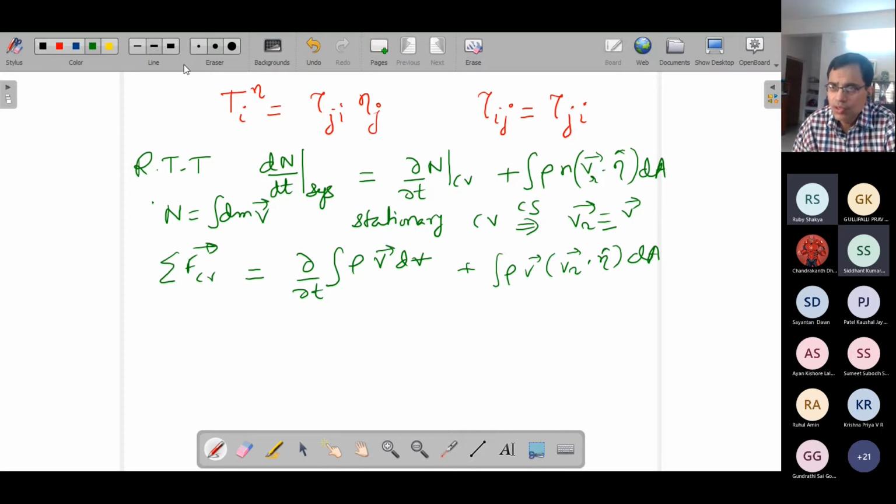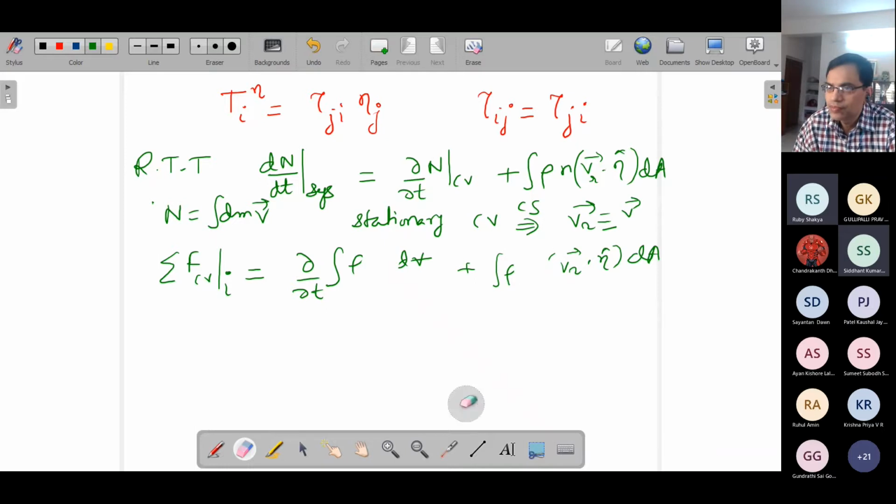So instead of the vector, if we write the resultant force on the control volume along the i direction, then v will be replaced by the velocity component along the i direction.